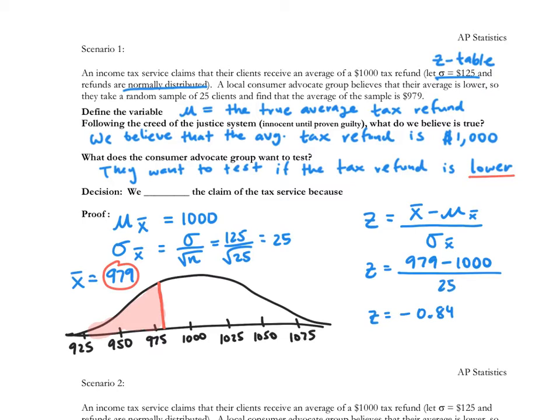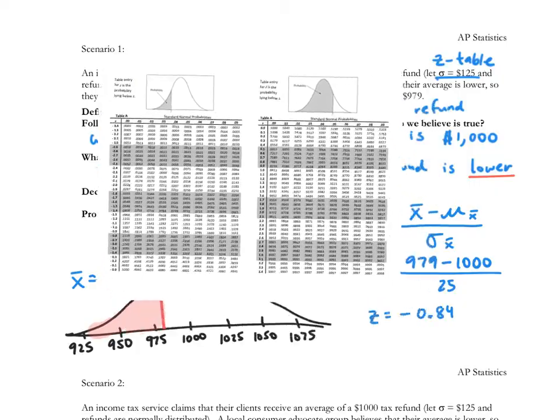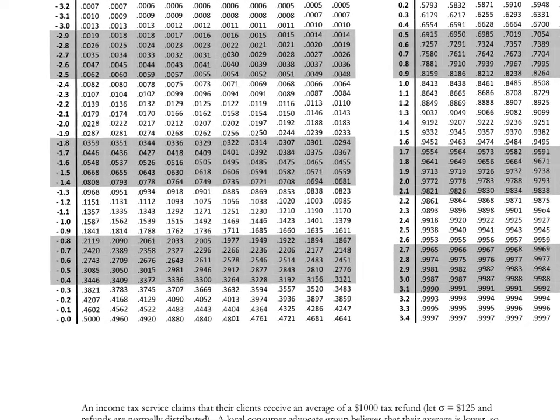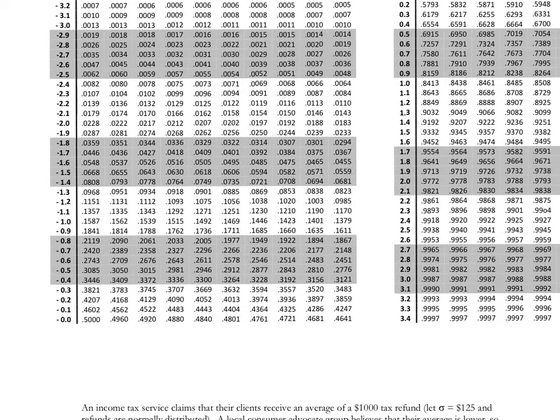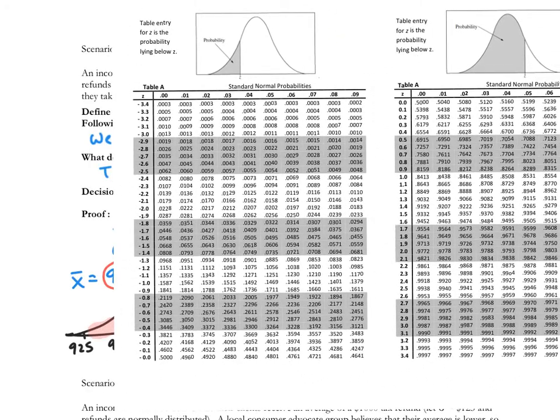Then we would go to the z-table, right? So let me go ahead and pull that out. And we're looking for negative 0.84. Let me zoom this out a little bit. Okay, so negative 0.84.